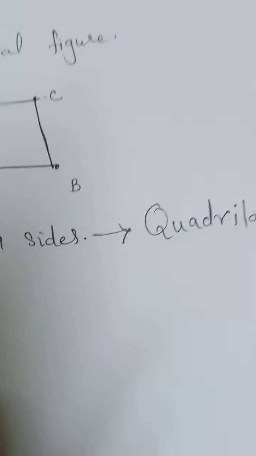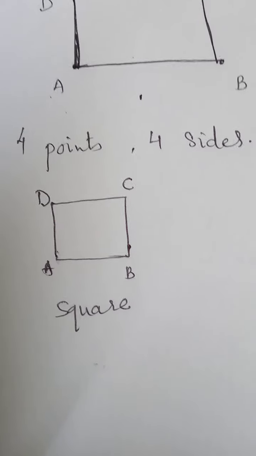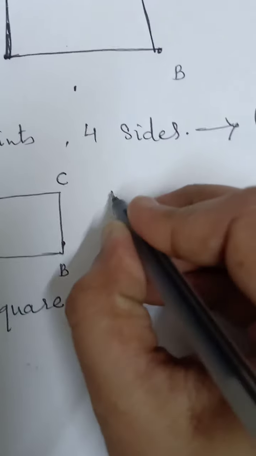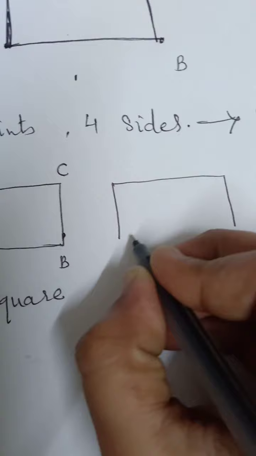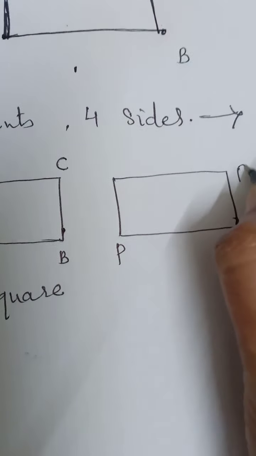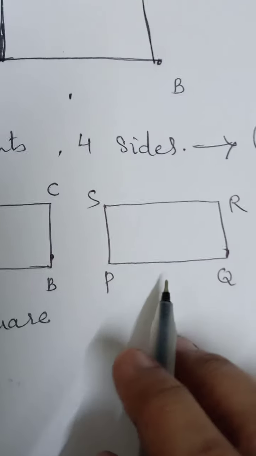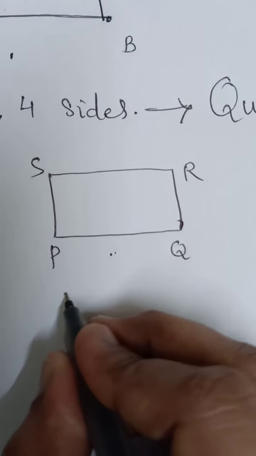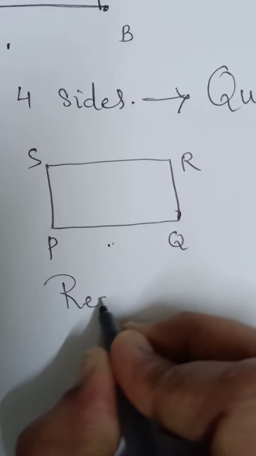Again I will take another one. Now I am taking another figure here, with 4 points P, Q, R, S. What is this type of figure called? Yes, it is called a rectangle.